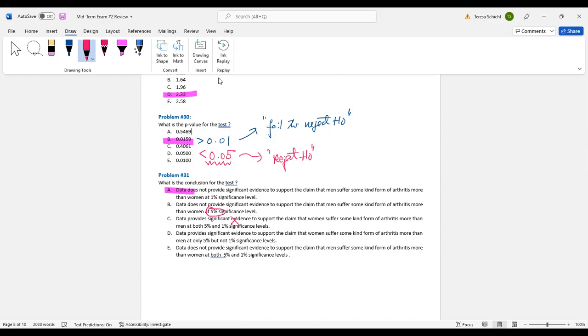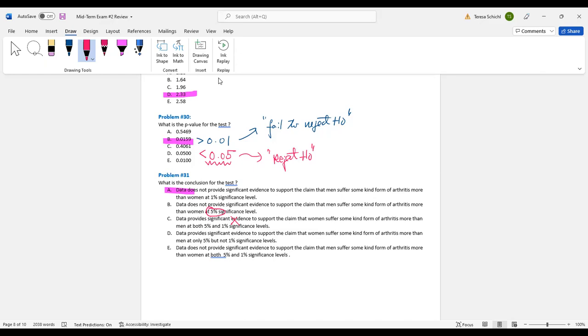So it's not both. So they say the data provide significant evidence to support the claim that women suffer arthritis more than men, only at 5%, not at 1%. That's not true.